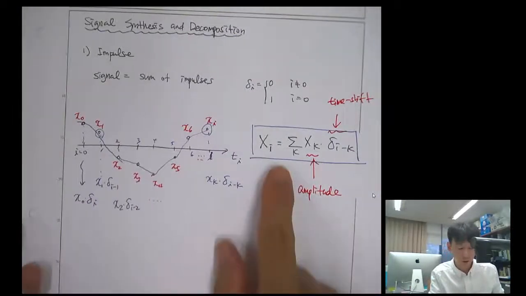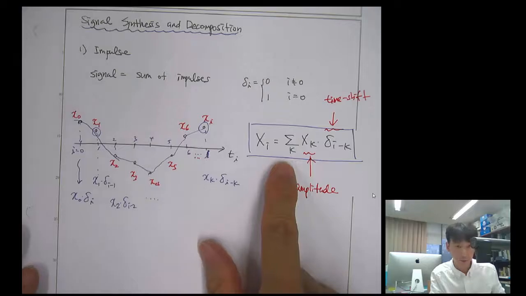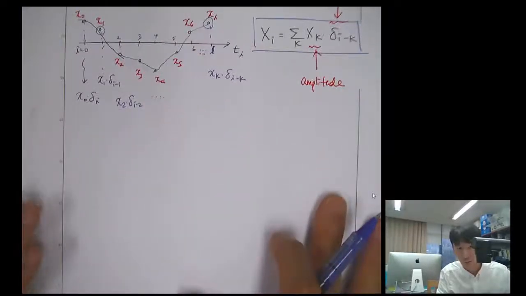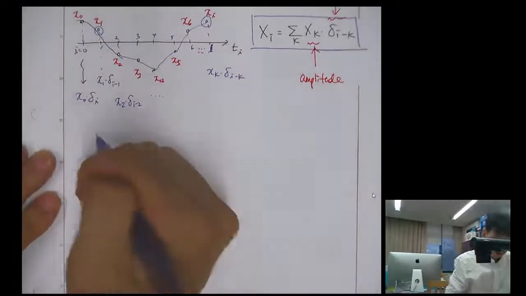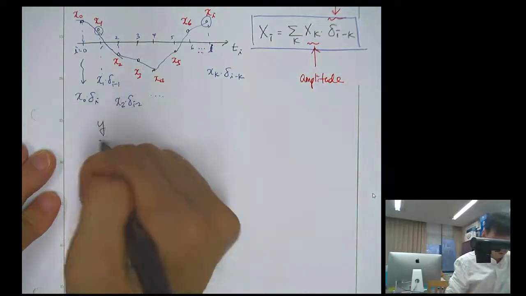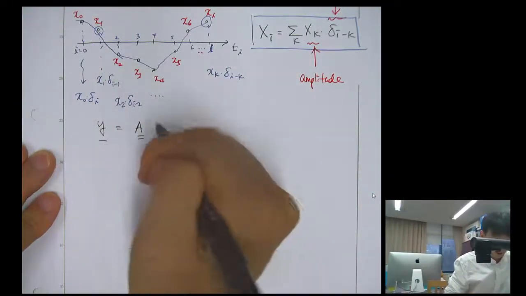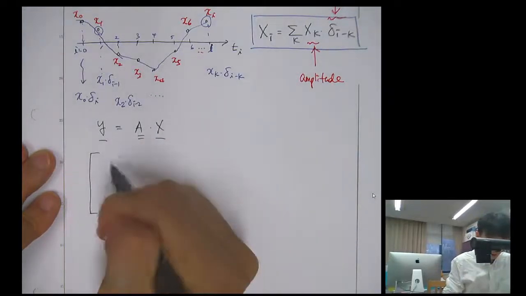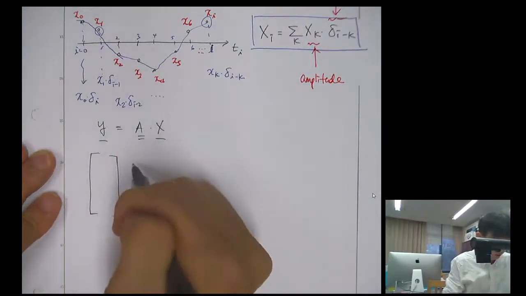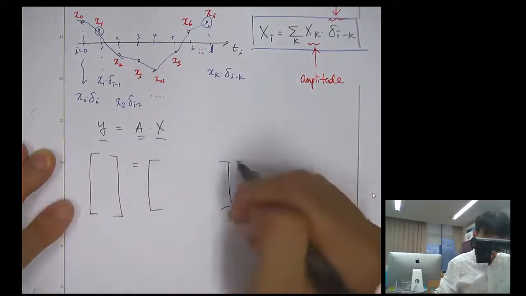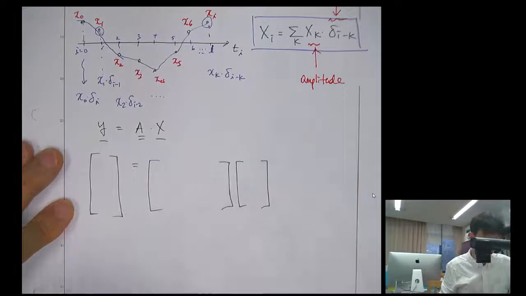So this is expressed in an array form, right? And we can also express this in matrix form. That's why, okay, y equals A x. This will be the y, and this will be the A matrix, and this will be the X matrix.